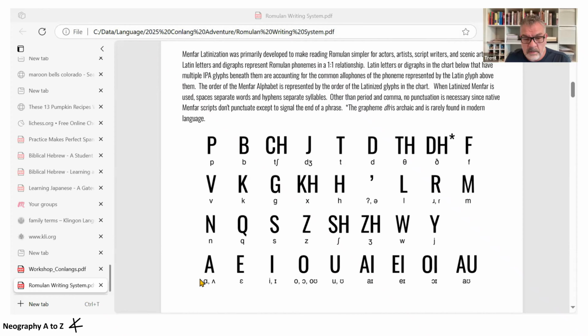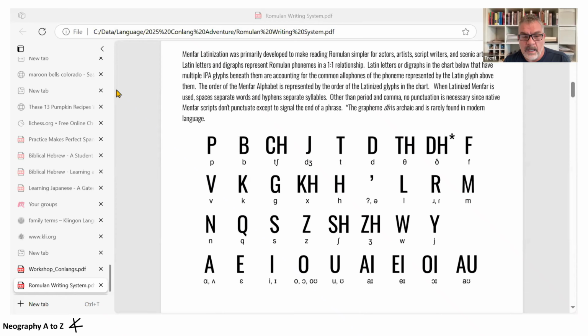So these Latinized glyphs will make any and all of the sounds that are below them, depending on the environment. And I'm not going to go over that in this presentation, but it's just important to understand that that's the case. The DH glyph is archaic. That's not used a lot in Romulan. That's old.